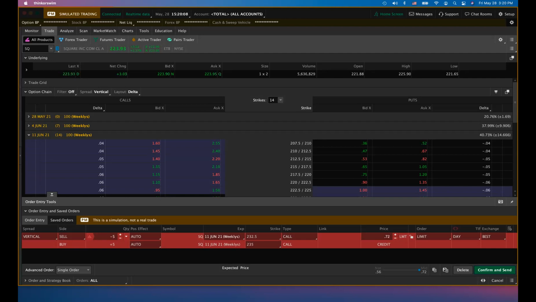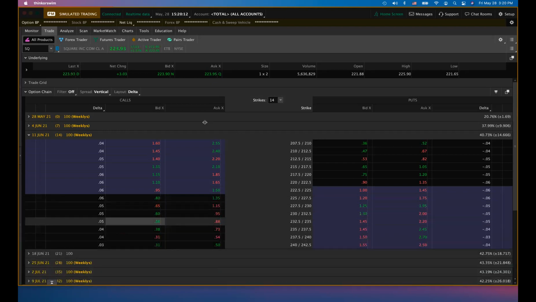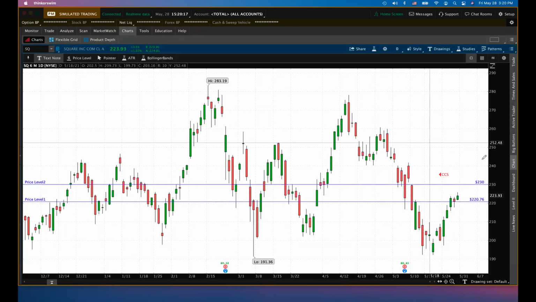All right, let's do a debit spread here. Who has a chart, something that's going up? Actually, let's try this one. I want to buy a debit spread on Square at $220.